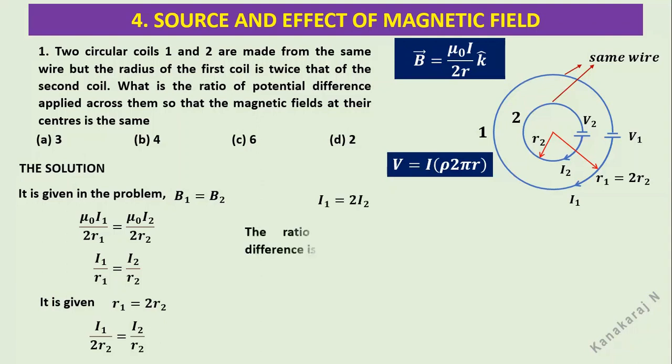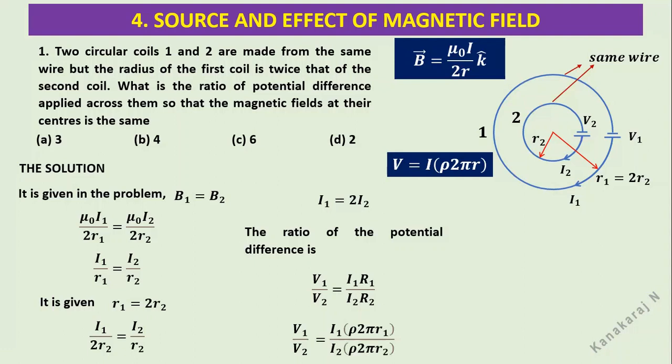Fine. So we'll go now to find the ratio of the potential difference. So we have the formula V1 by V2 equals I1 R1 by I2 R2. So V1 by V2 equals, we replace R1 by rho 2 pi R1 and we replace R2 by rho 2 pi R2. The common terms get cancelled.